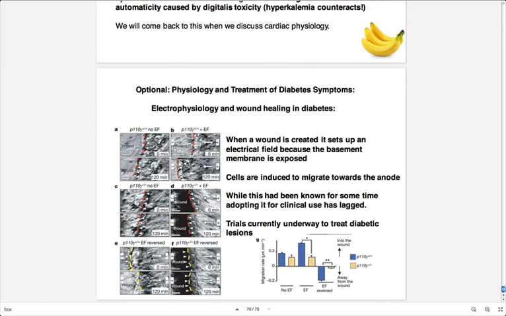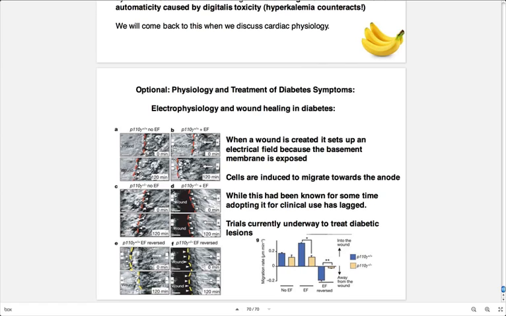Have you ever heard of using electrical fields to heal wounds? Your cells not only have electrical potential across them, but the basement membranes of your tissue actually have an electrical potential too. When you make a wound in the basement membrane, say a puncture wound, it actually sets up an electrical potential there. Cells will be attracted to that electrical potential and will crawl in and heal the wound.